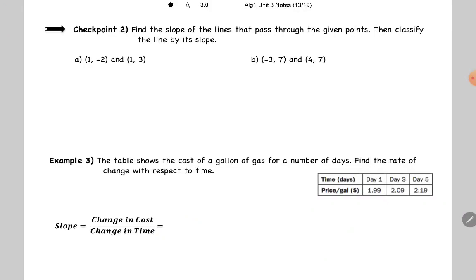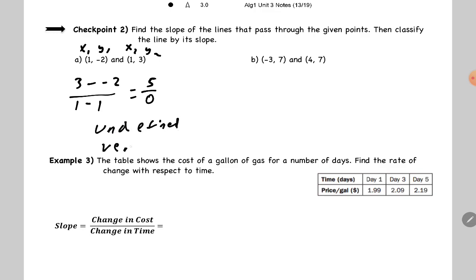So they want us to find the slope of the lines that pass through the given points, then classify the line by the slope. So x1, y1, x2, y2, 3 minus negative 2 over 1 minus 1. So I have 5 over 0. That's undefined.